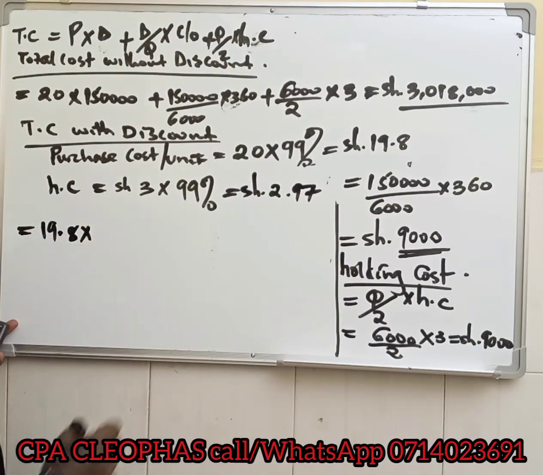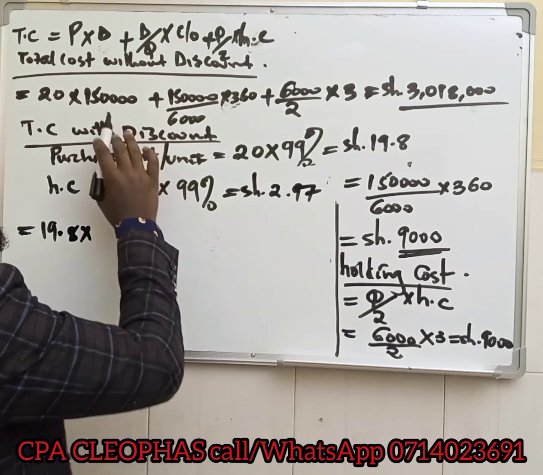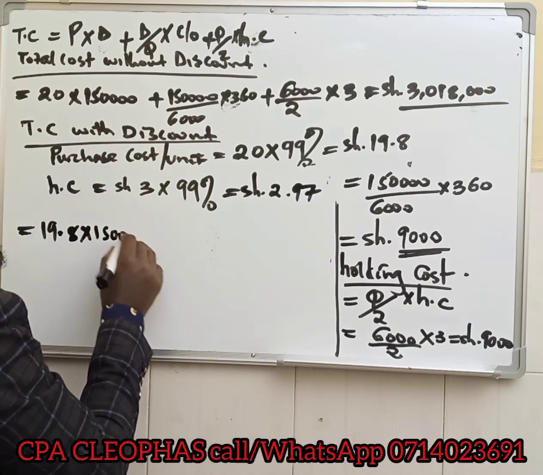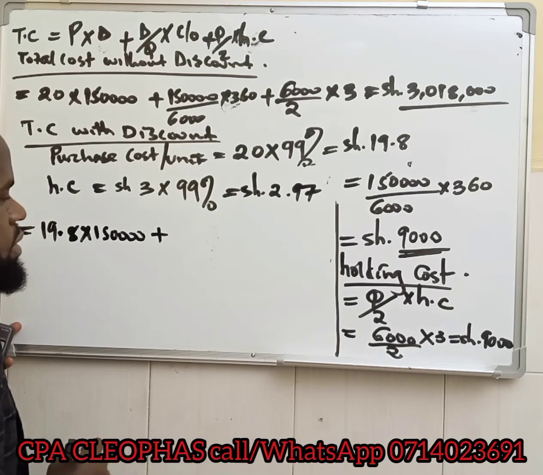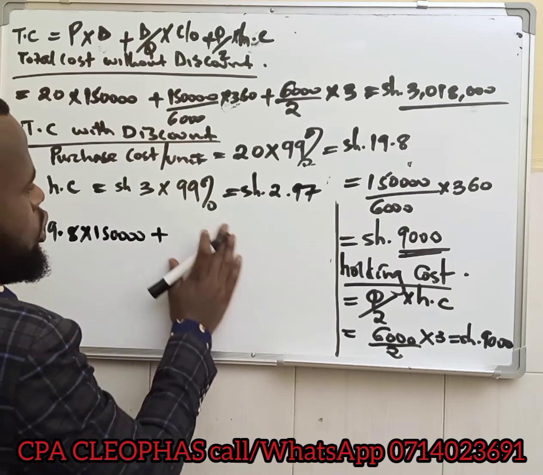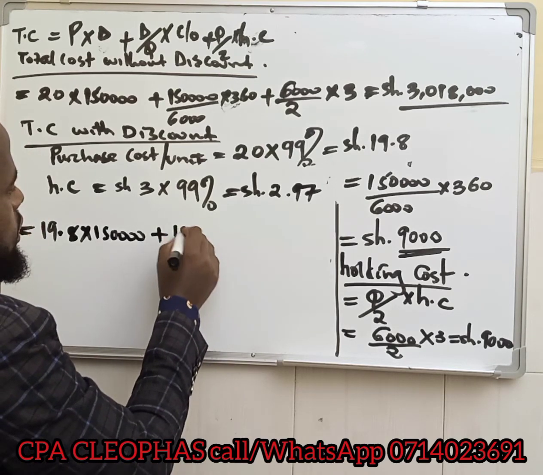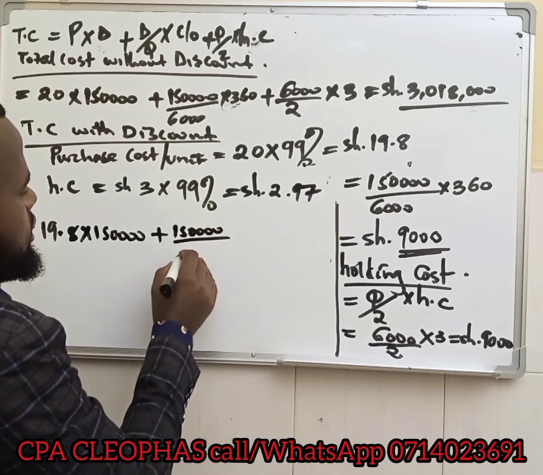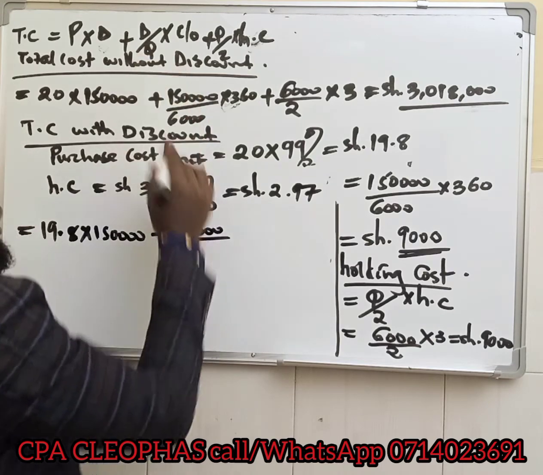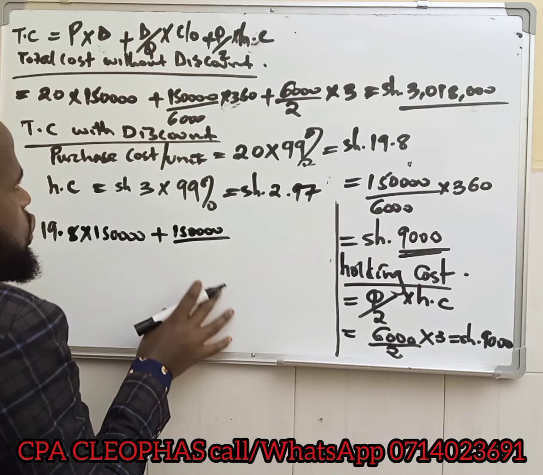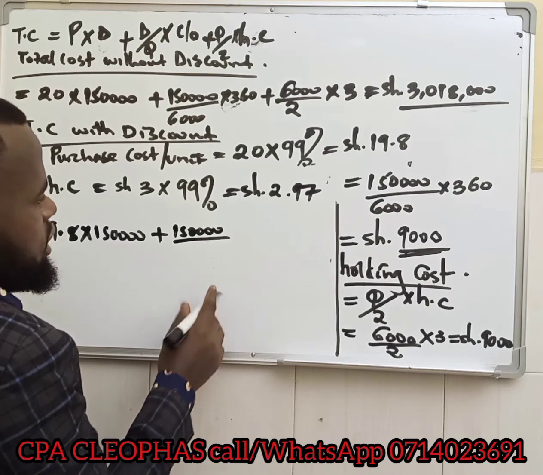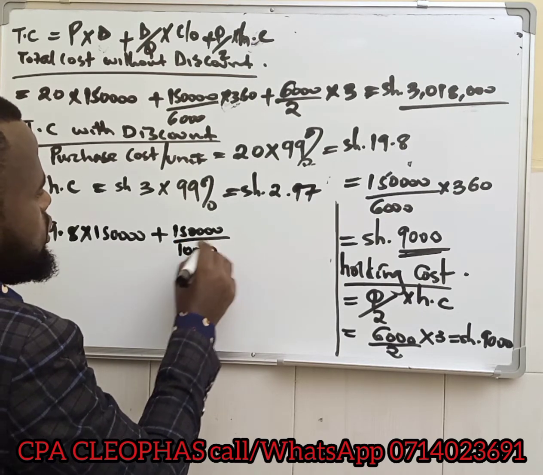You multiply 19.8 by the annual demand, which was 150,000. The demand cannot change. Plus the ordering cost: the demand over Q, times the ordering cost. For you to get this discount, you must order 10,000 units. That is what we are told.